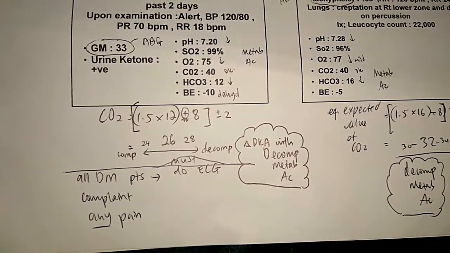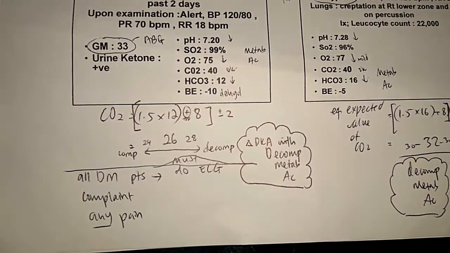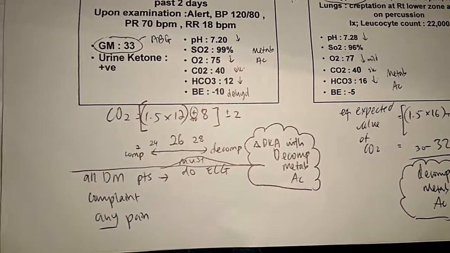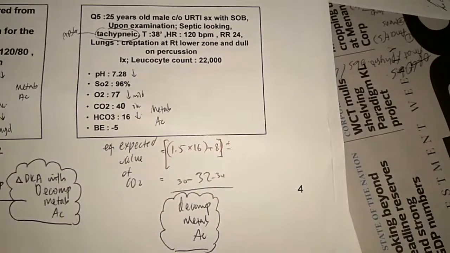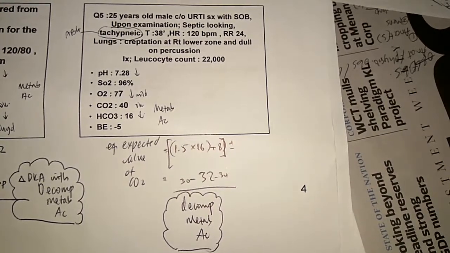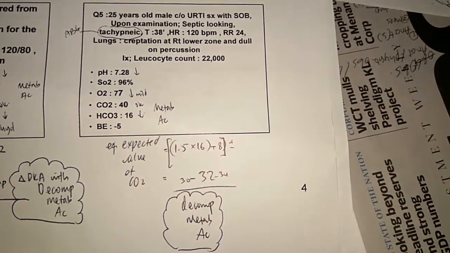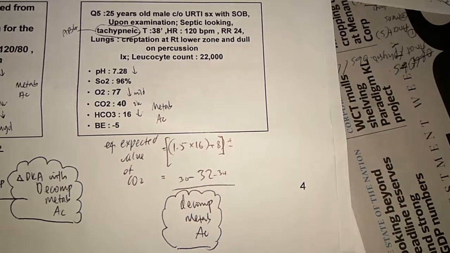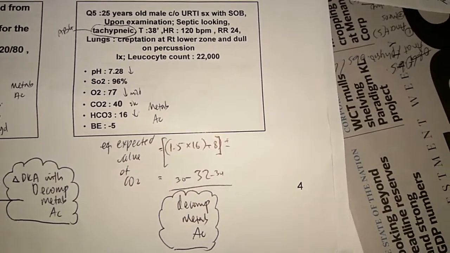However, when we use the formula, it is decompensated carbon dioxide. Okay, this is another case of decompensated metabolic acidosis. However, this patient is in sepsis, septic looking.